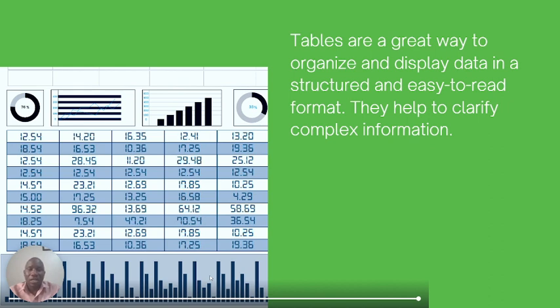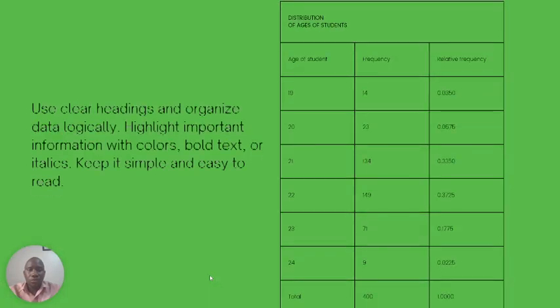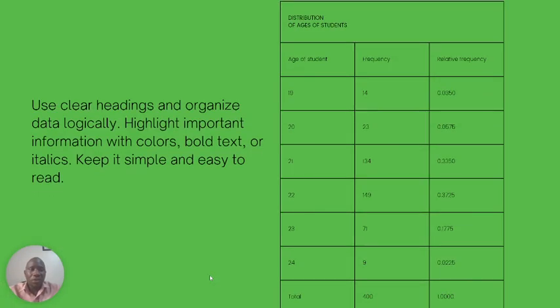So basically, tables allow us to provide clarity to complex information. So please make sure that your tables have a clear heading and the data is also arranged logically, whether in ascending or descending order.